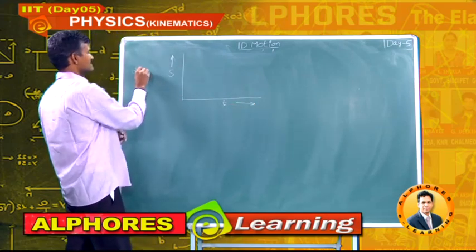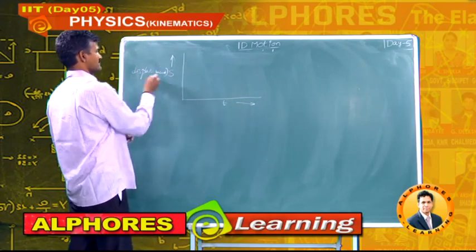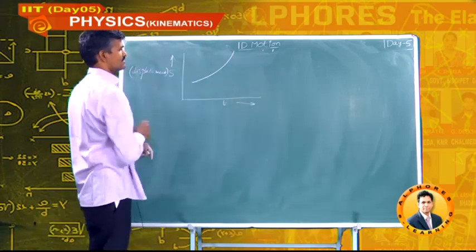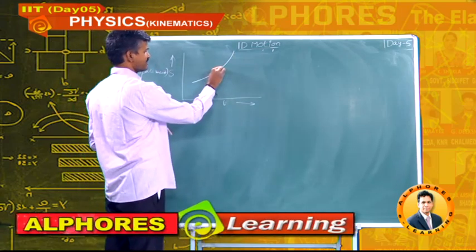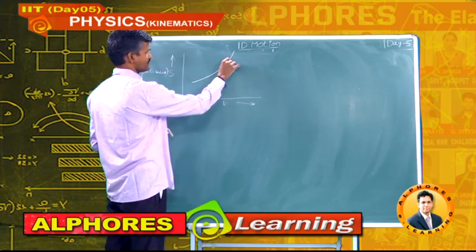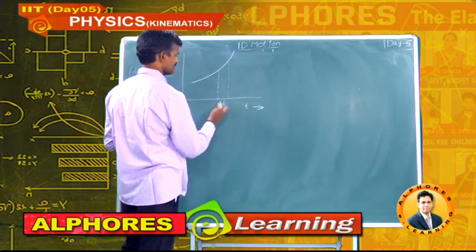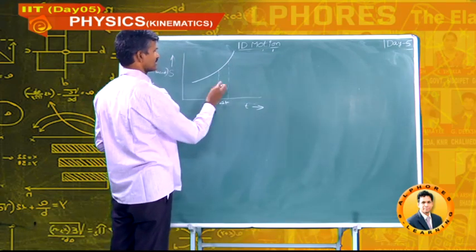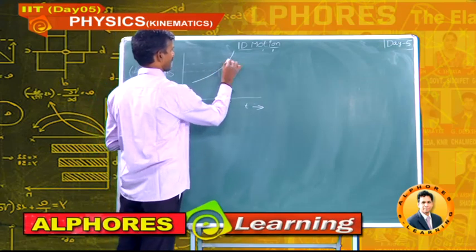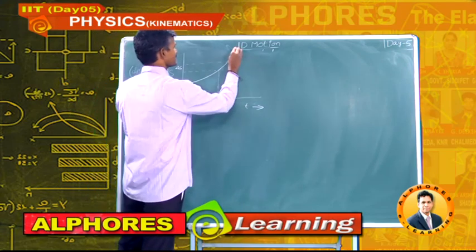Then the slope of the graph at a particular time, suppose this is some delta t time interval on the time axis, the corresponding change is some delta s. It is a graph that has a variable slope.